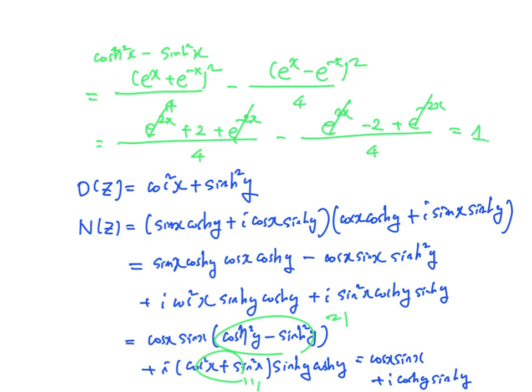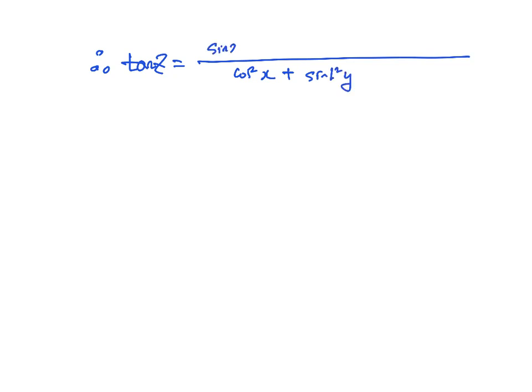So tangent z will be complicated: cosine square x plus sine hyperbolic square y, sine x cosine x plus I sine hyperbolic y cosine hyperbolic y.